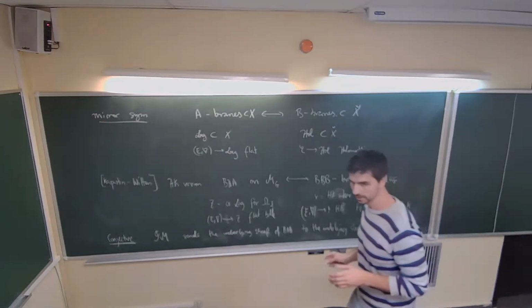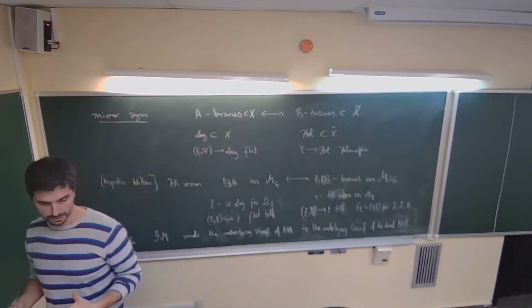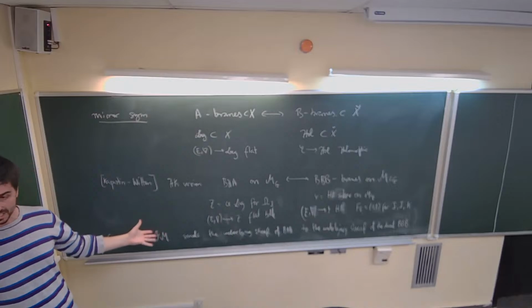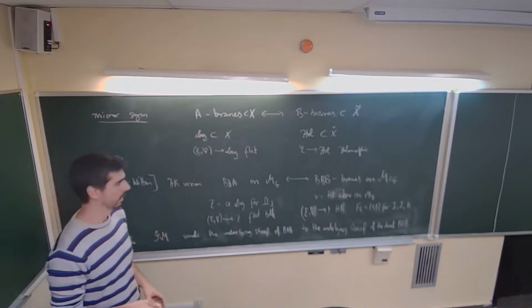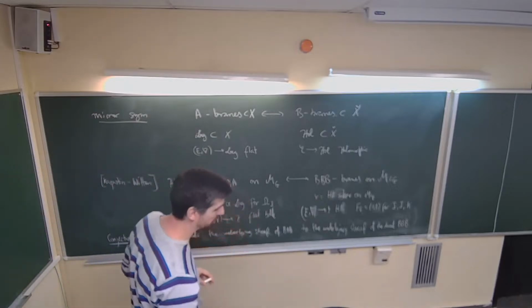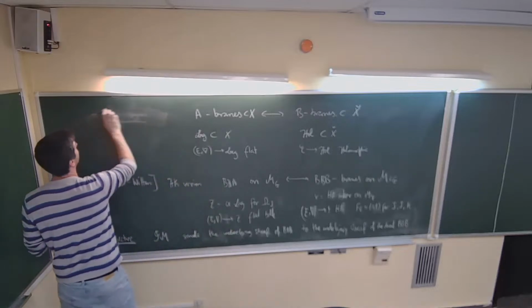And as I said, this Fourier-Mukai transform is a proper equivalence of categories between categories of sheaves, which I will explain in more detail later on. Okay.